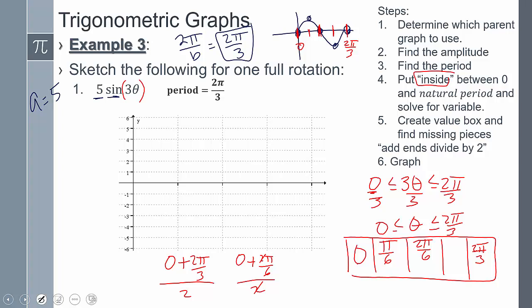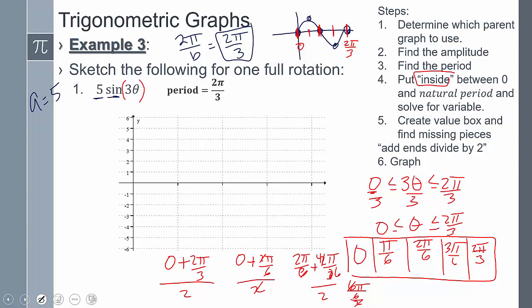And then I can add these together, 2 pi over 6 plus 2 pi thirds, all over 2. Find the common denominator. So that's going to be 4 pi over 6, multiply by 2 over 2. And so that's going to give me 6 pi over 6 over 2. The 6 and the 2 cancel out, so I get 3 pi over 6. Now, see how they're all divided by 6?